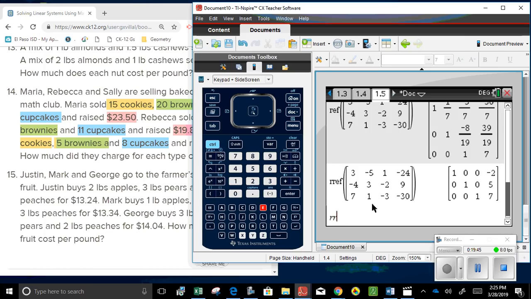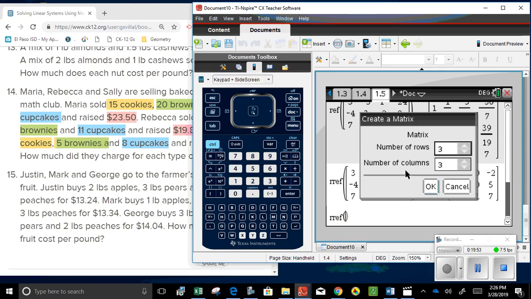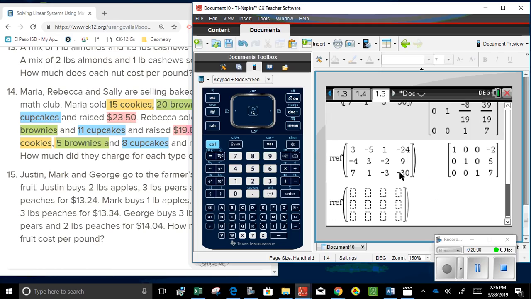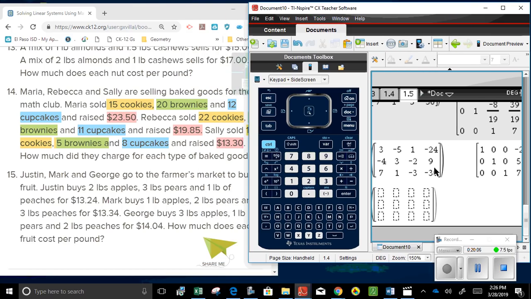So RREF, parentheses, if I do it this way, that would be 3 types of goods, but including how much I made, that's 4 columns. So let's go over it again. Let us write 15 tab, 20 tab, 12 tab for 23.50.